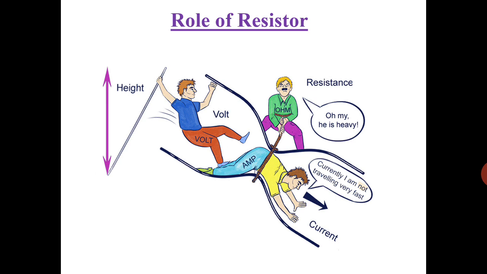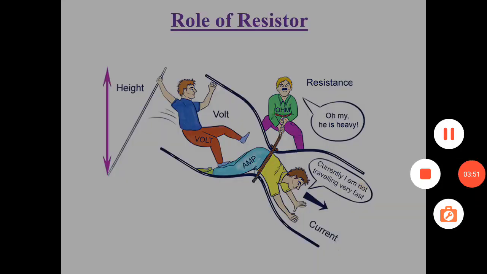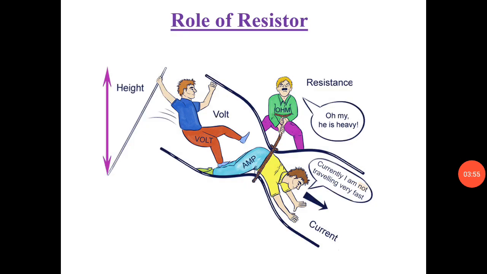I think this picture itself clearly shows the function of a resistor, the function of the voltage, and the function of the current. By seeing the picture, you can easily depict each function.